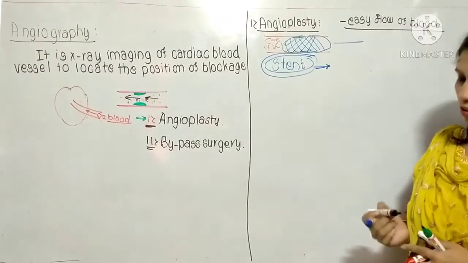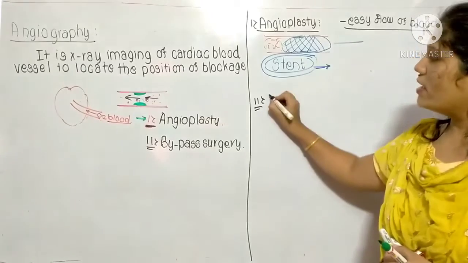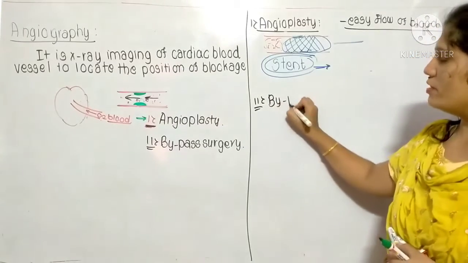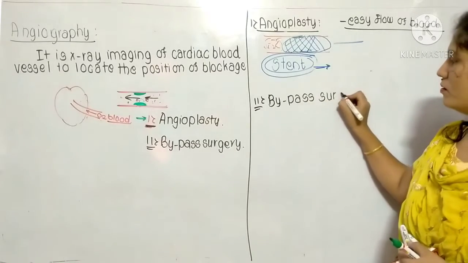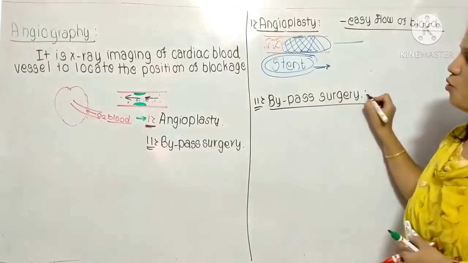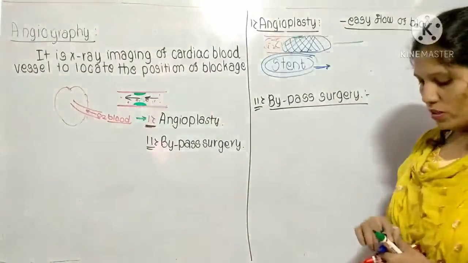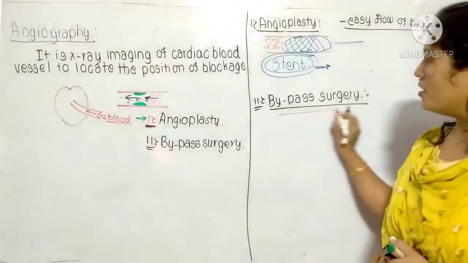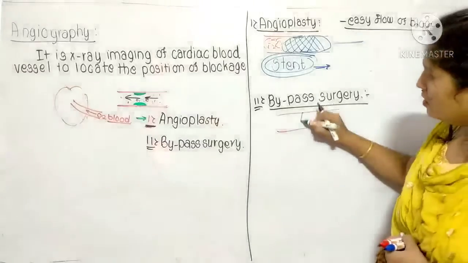Now the next technique is known as bypass surgery. The name itself gives us information. Bypass surgery means what? Suppose there is a blockage of the artery here due to different reasons.